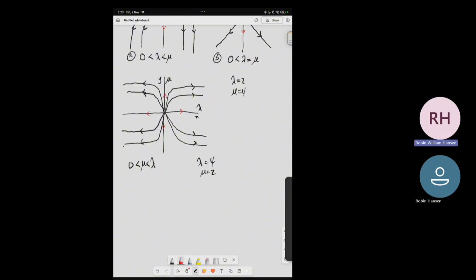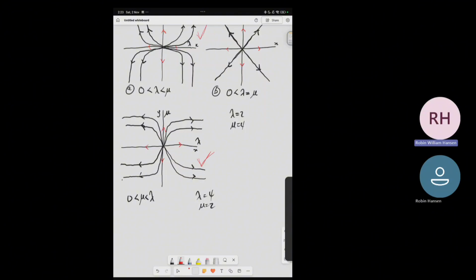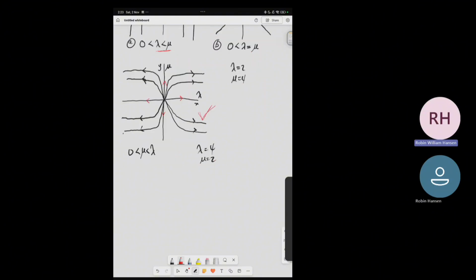That will give us this case. Is that okay? So in this case, lambda is less than mu, and in this case, mu is less than lambda.